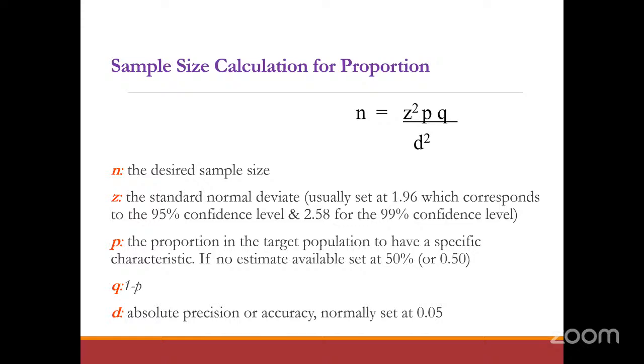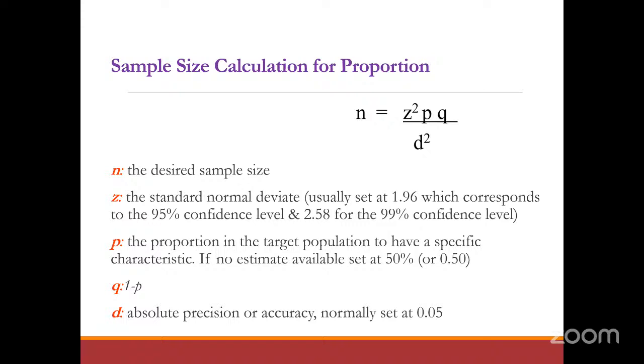Everywhere, as I told you, we need some prior information, meaning the prevalence, how many people are getting affected. That is the value of P. The formula you are seeing is N equals Z square PQ by D square.